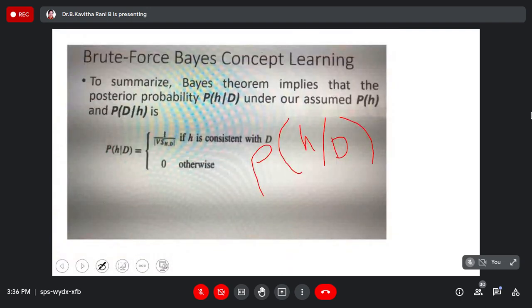Now consider that the hypothesis H made is consistent with D, the training examples observed.